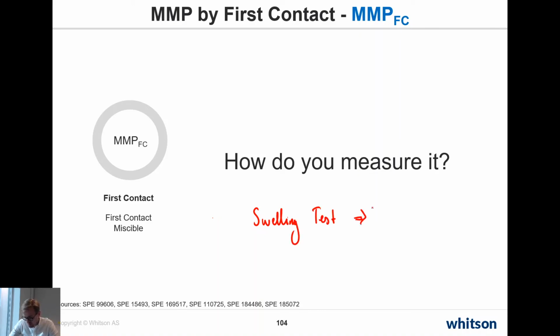Swelling test gives us MMP by first contact, while what gives us the MMP by multi-contact is slim tube. So that's good that we did that exercise such that that is crystal clear. And the slim tube experiments are extremely expensive as well, so just make sure that you don't waste money on that if you're going to evaluate gas huff and puff. Very good.